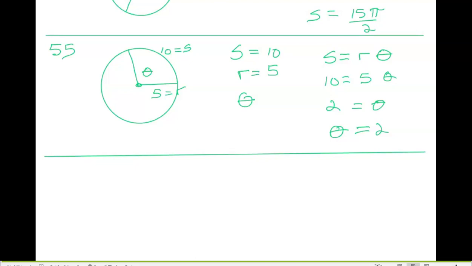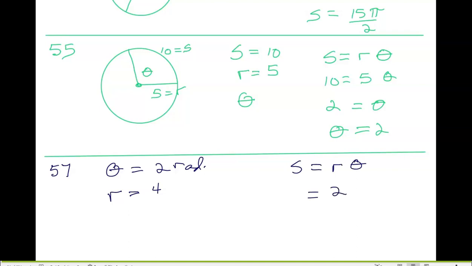57 is a word problem, so I'm going to write down what they tell me. It says find the length of an arc that subtends a central angle that measures 2 rads. So theta equals 2 radians, and in a circle of radius 4. Radius equals 4, and they want the S. So I know S equals r times theta.